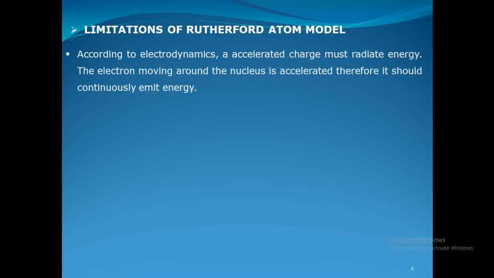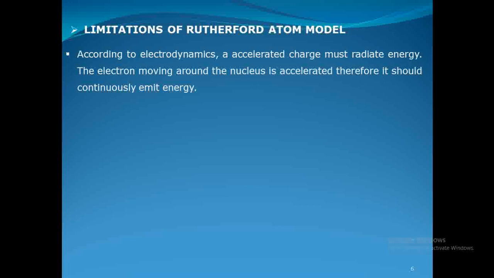According to electrodynamics, any object revolving in a circular path is acted upon by a force, the centripetal force, and any particle moving in a circular path is accelerated. According to electrodynamics, any accelerated charge must give out energy. So the electron revolving around the nucleus is accelerated and continuously in motion, so it should continuously give out energy. Therefore, according to electrodynamics, we should get a continuous emission spectrum, but practically what we see is a line emission spectrum.